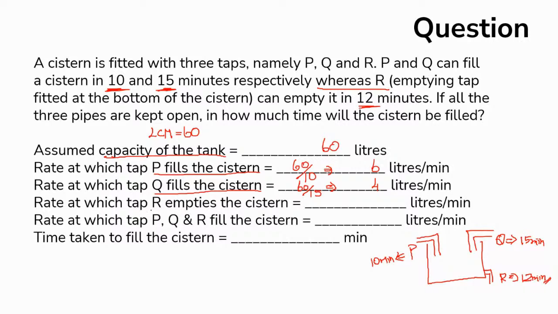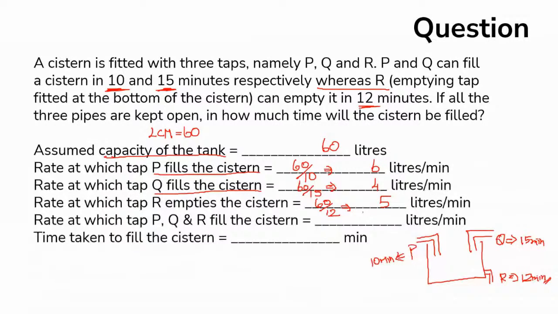The rate at which tap R empties the cistern. Here a full tank is being emptied, which means the total capacity is getting emptied. So there also it is the same 60 liters divided by 12 minutes, which gives you the emptying rate as 5 liters per minute.